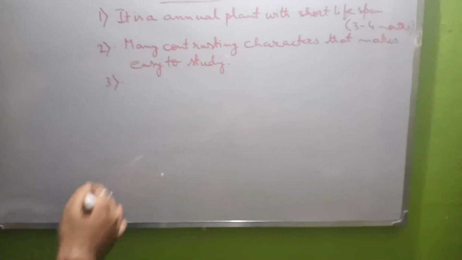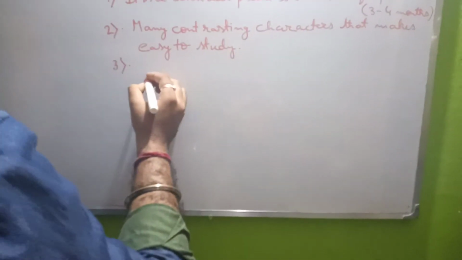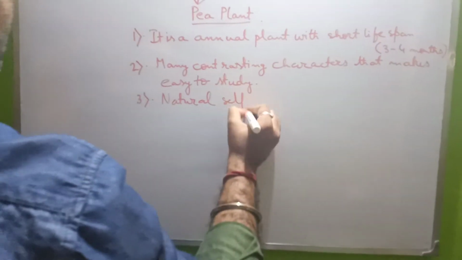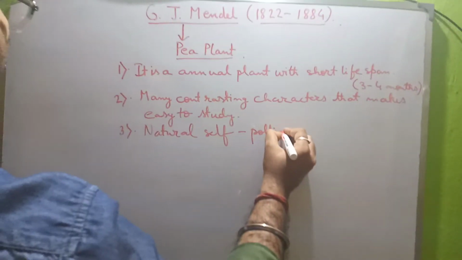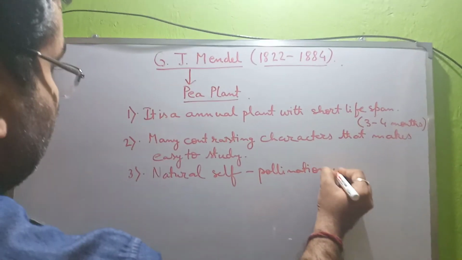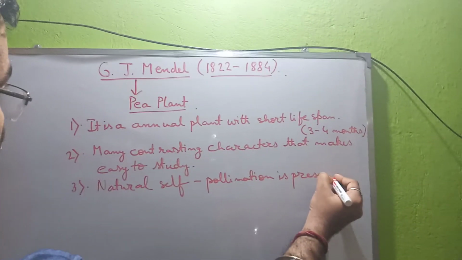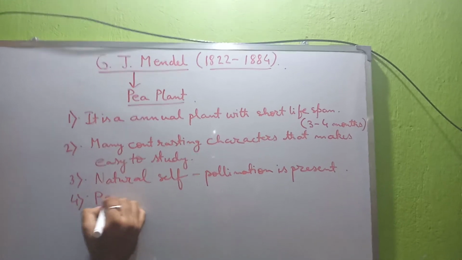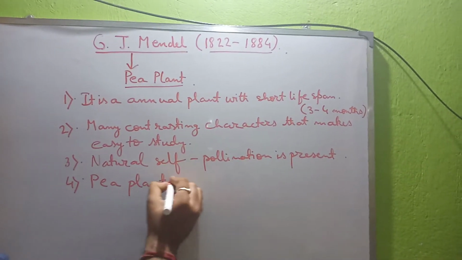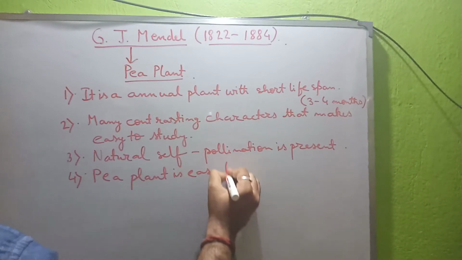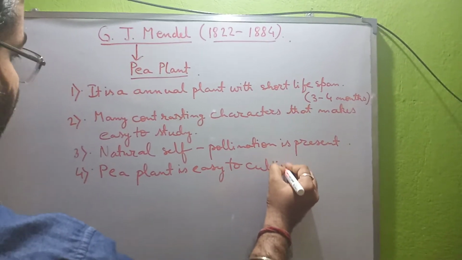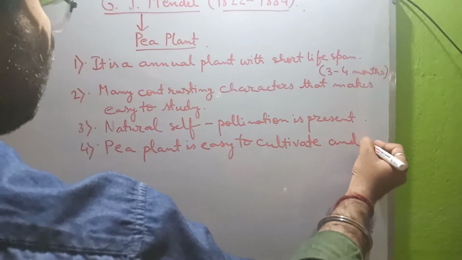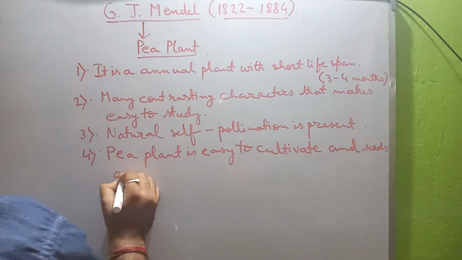Next one will be natural self-pollination is present. Fourth one is, the pea plant is easy to cultivate, as for a particular period of time in a year this plant is cultivated, and its seeds are large.